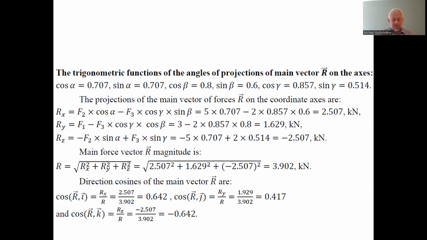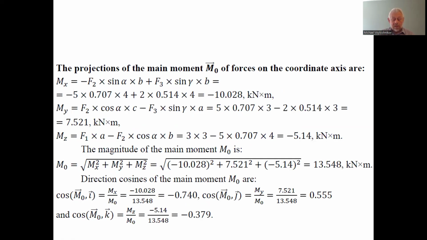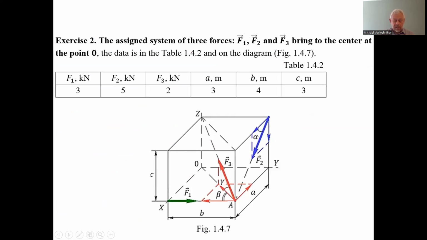Cosine beta is equal to 0.8. Sine beta is 0.6. So this is the beta angle we have here. We do not need the angle itself, but we need the sine and cosine. We have to find the diagonal first. The legs are B, which is 4, and A, which is 3. So we can find that the diagonal A0 is 5 meters.